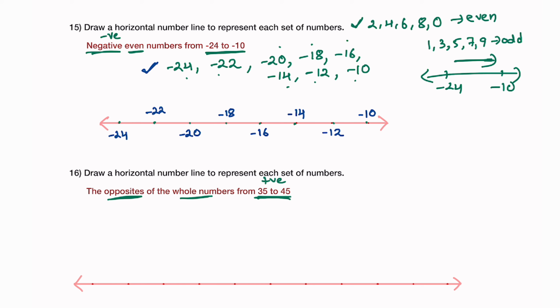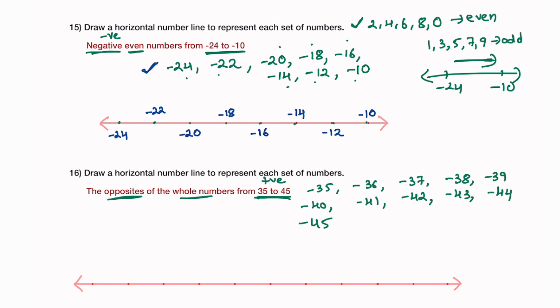So from 35 to 45, we start with minus 35, minus 36, minus 37, minus 38, minus 39, minus 40, minus 41, minus 42, minus 43, minus 44, and minus 45.